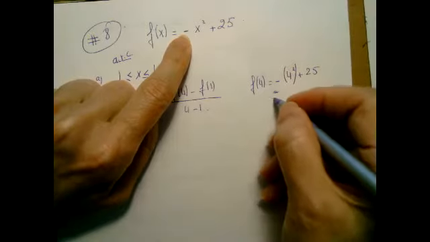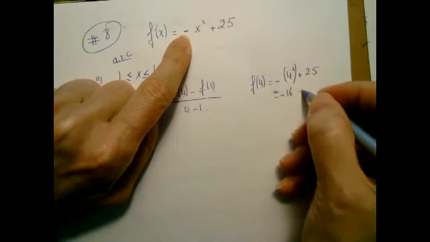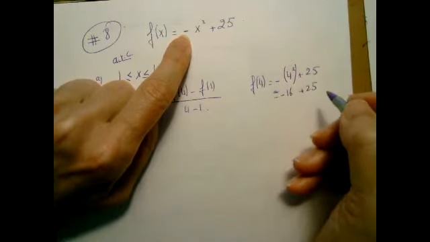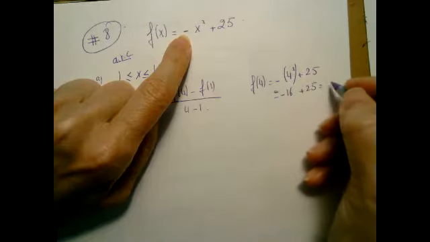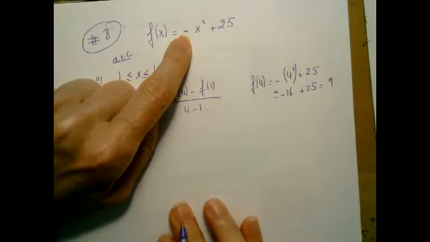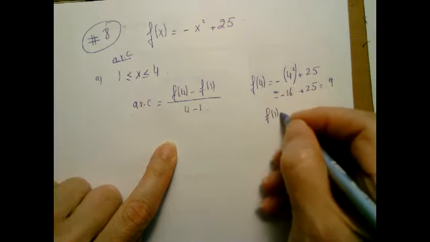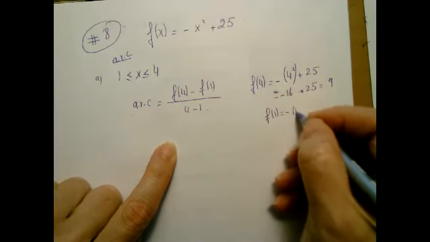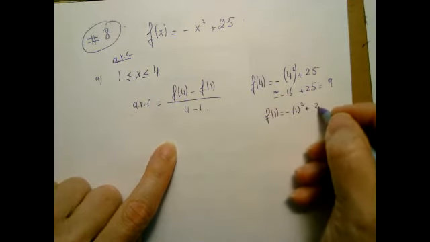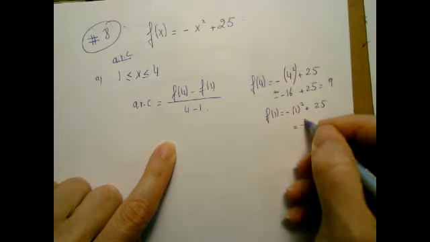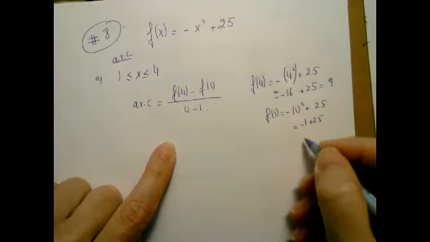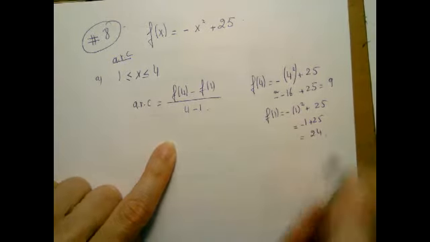It means minus 16 plus 25, which gives me plus 9. That's f of 4. f of 1 is minus 1 squared plus 25. Minus 1 plus 25 gives me 24.